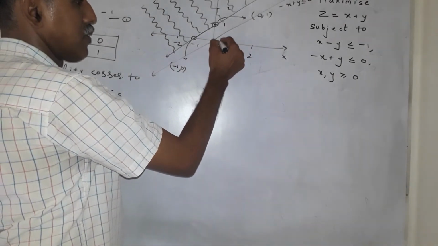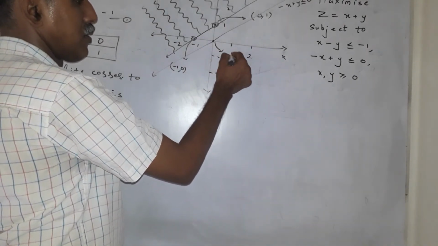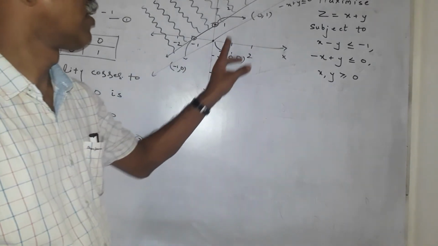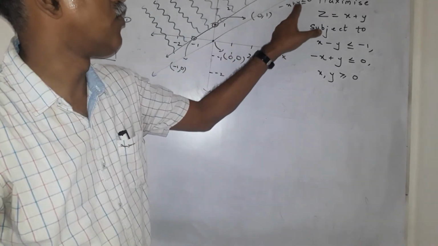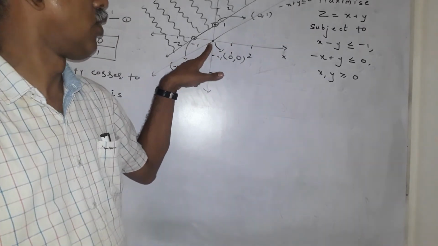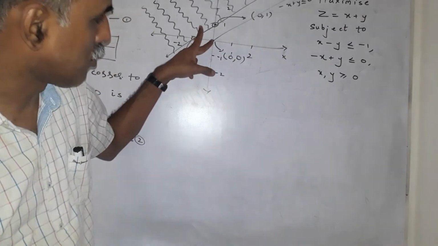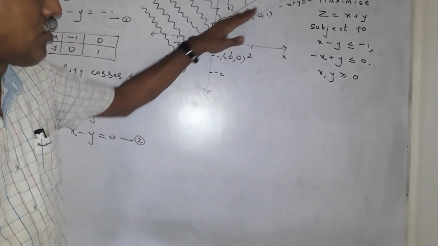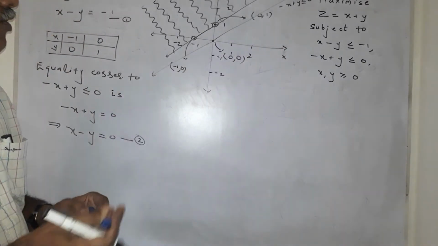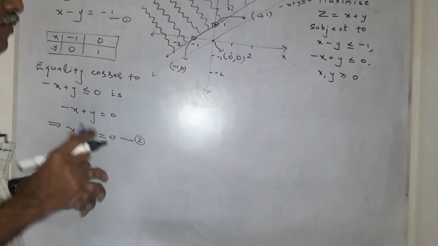This point is origin. Now, at x equal to 0, y is less than equal to 0. So at this point origin, when x is 0, y will be less than equal to 0. So y tends downwards. So this is the half plane corresponding to this inequality. So let us shade it using dotted lines.